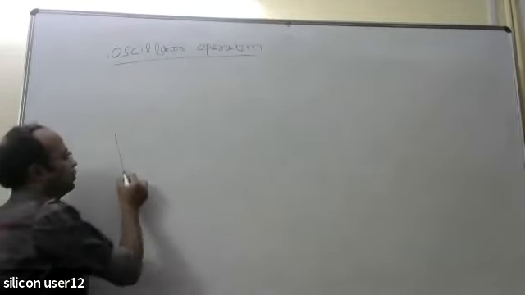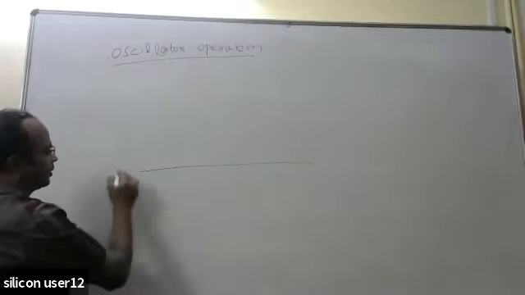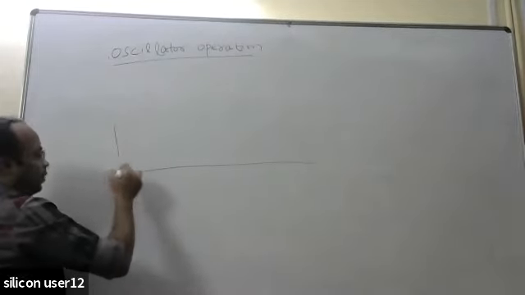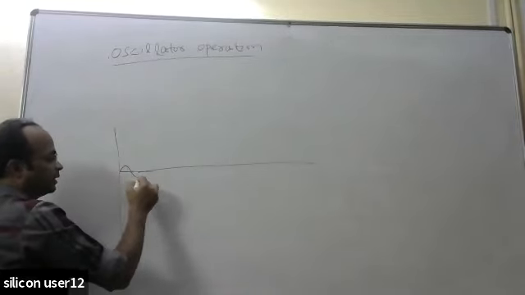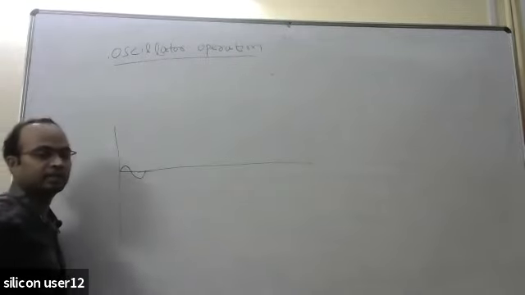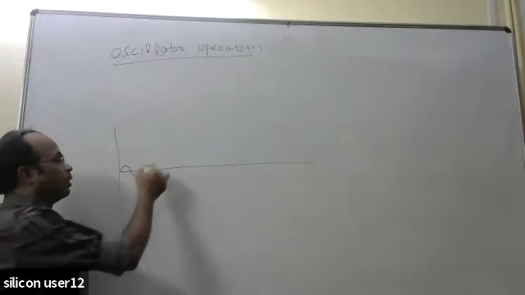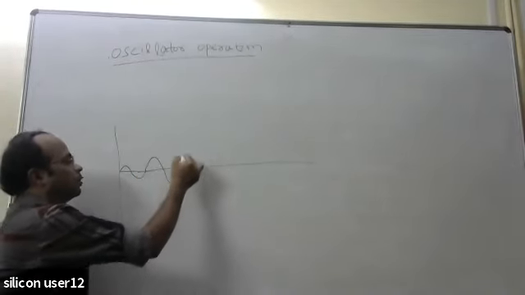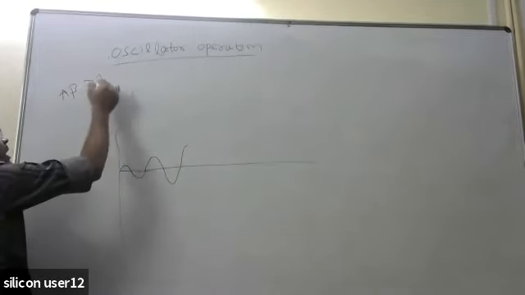So if you put this A beta factor a little bit more than 1, then what will happen? Initially, suppose this VI was like this. During the next iteration, it will be multiplied by A beta. So in each iteration, assuming A beta is greater than 1.